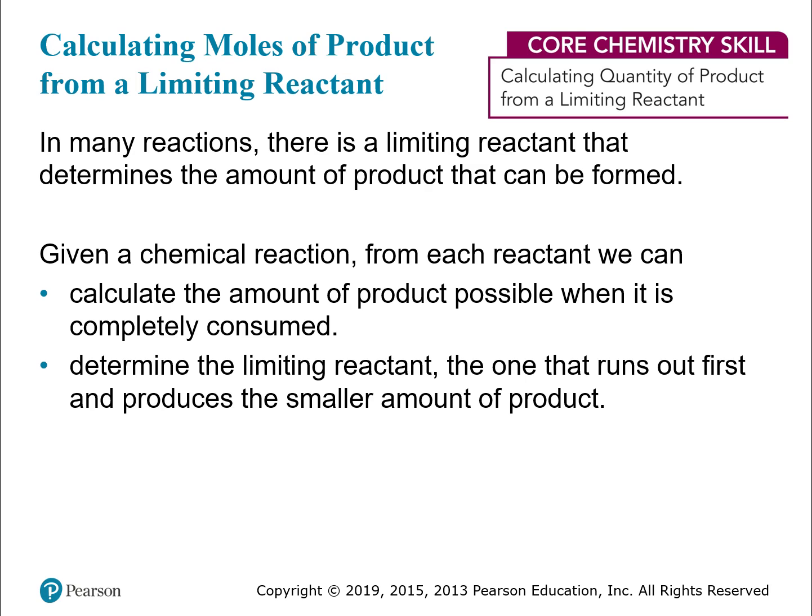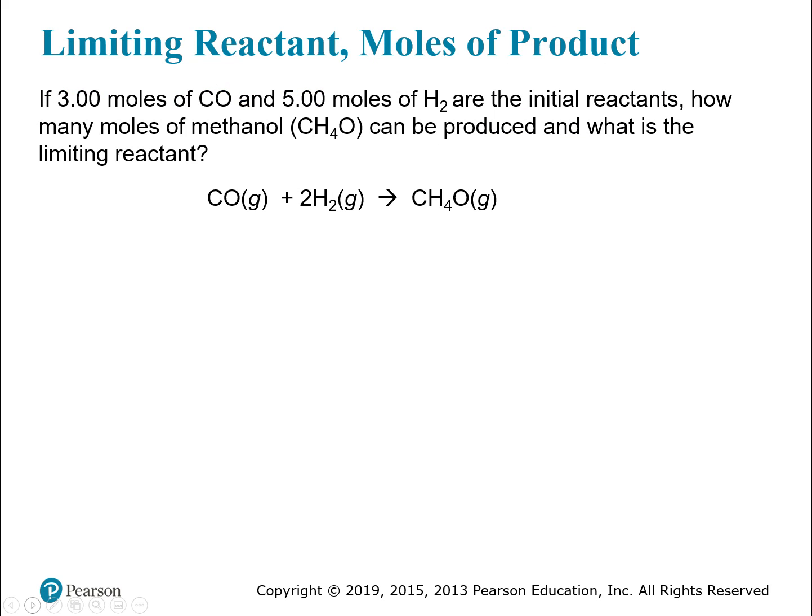If we're calculating the moles of a product from a combination of these 2 reagents, we have to figure out the limiting reagent first, and then figure out how much product we'd make from that limiting reagent. Let's do a problem so that it makes a little bit more sense.